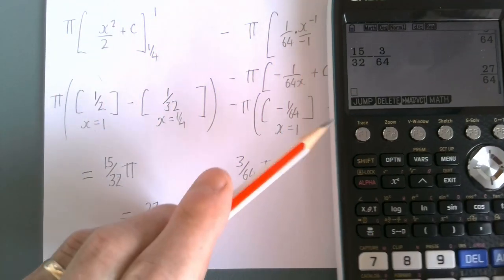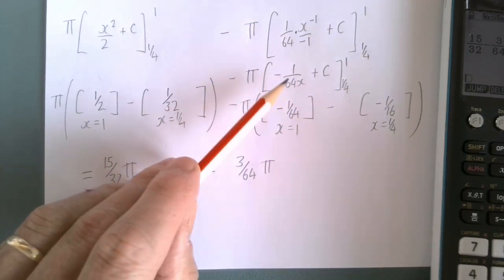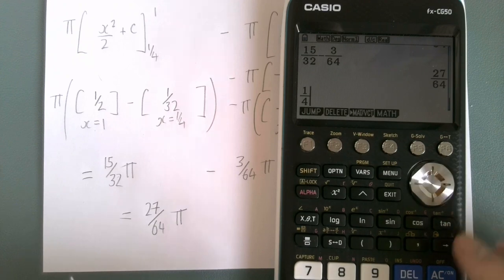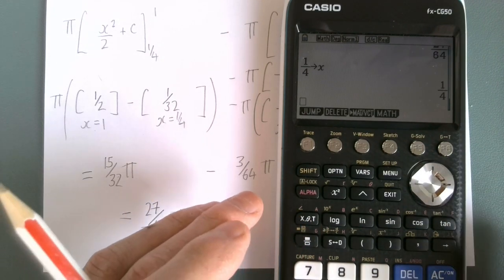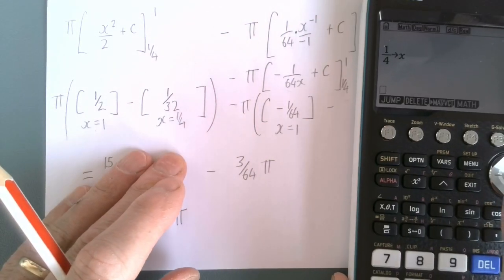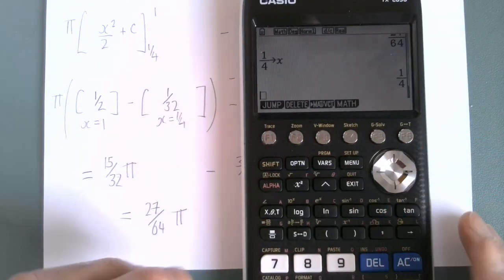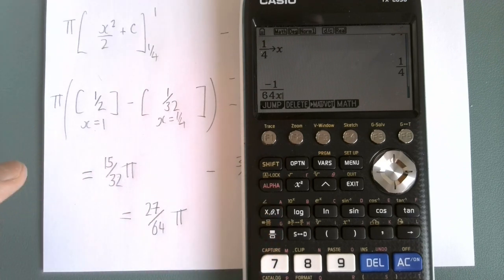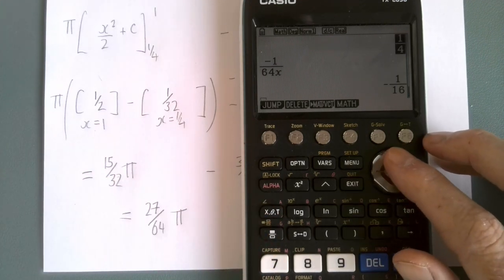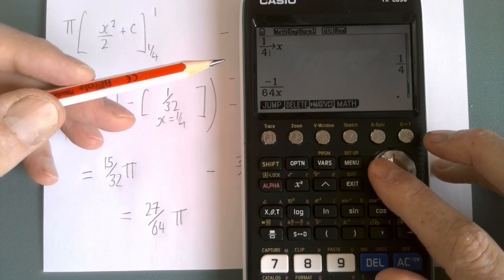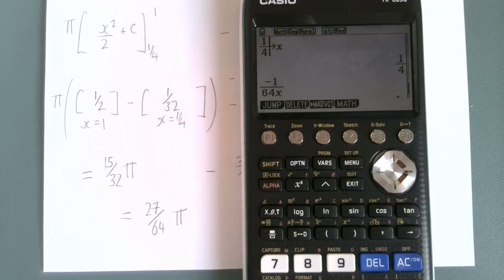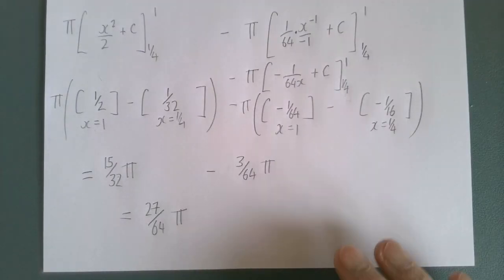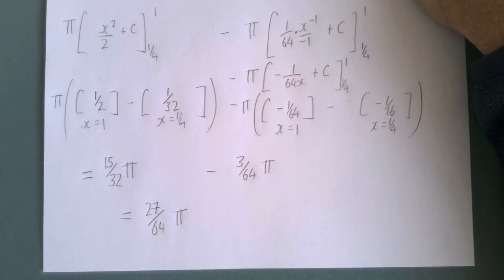So I want to substitute a quarter into this rather fiddly thing, so I do 1/4 arrow X, and then I can just type in -1/64x, and it works it out for me. And then you can go back and replace a quarter with another value, so if you want to substitute two values in. Okay, and there are lots of questions in the chapter.